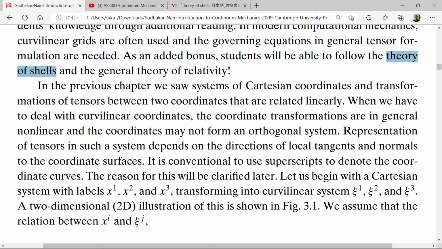In the previous chapter, we saw systems of Cartesian coordinates and transformation of tensors between two coordinates that are related linearly. When we have to deal with curvilinear coordinates, the coordinate transformations are in general nonlinear, and the coordinates may not form an orthogonal system.